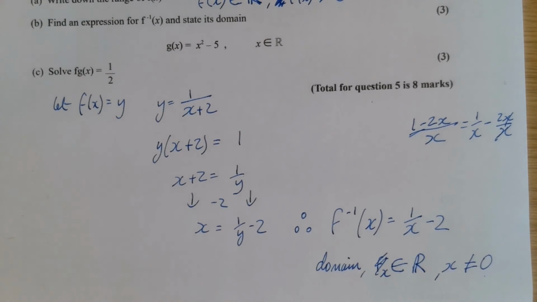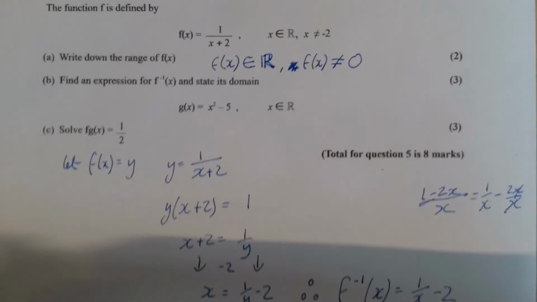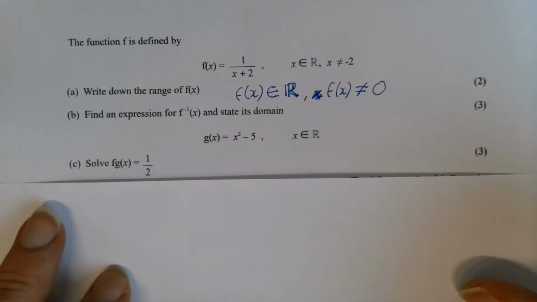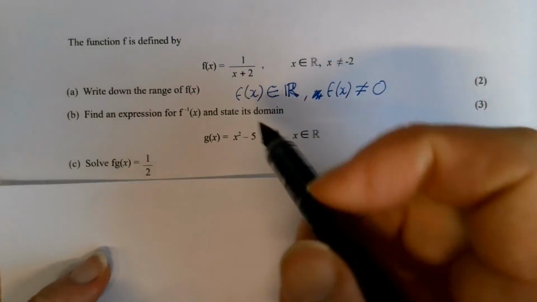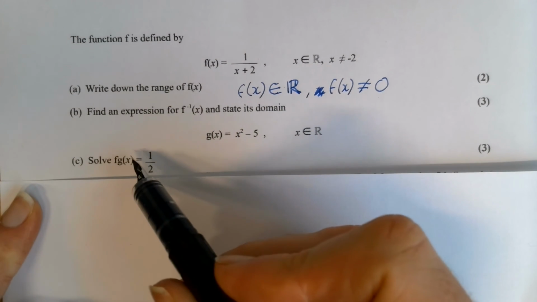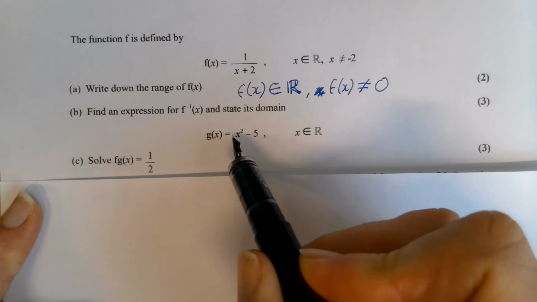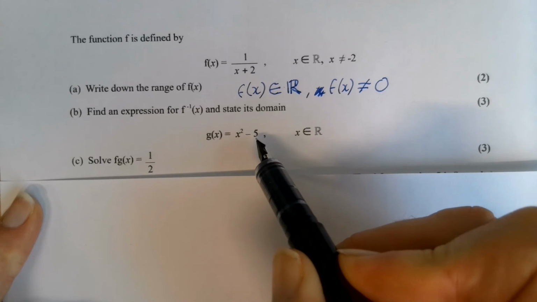Okay, on to part C. At this point we are being told that we've got a composite function equal to a half. So we need to do the composite function first of all. It's the one closest to the bracket. So you're putting x first into g and then into f. If you put x into g, you're going to get x squared minus 5.